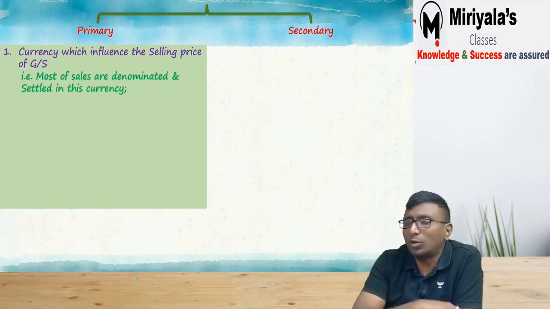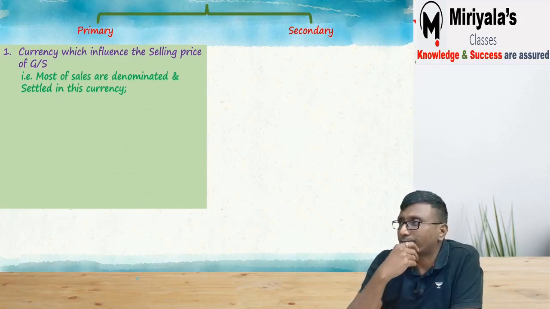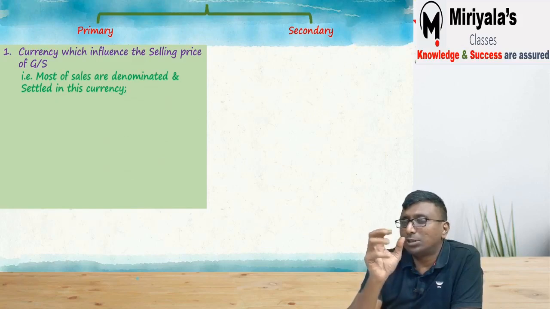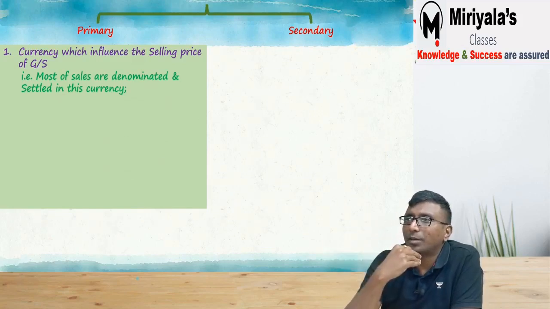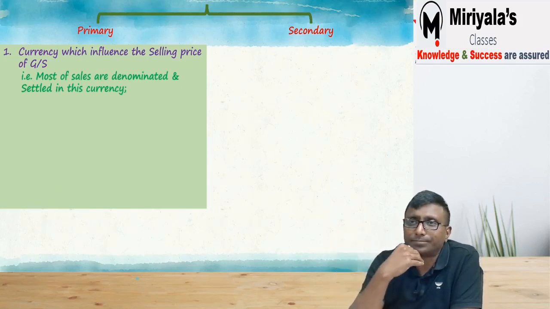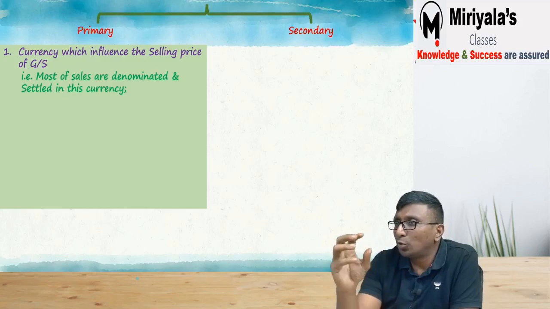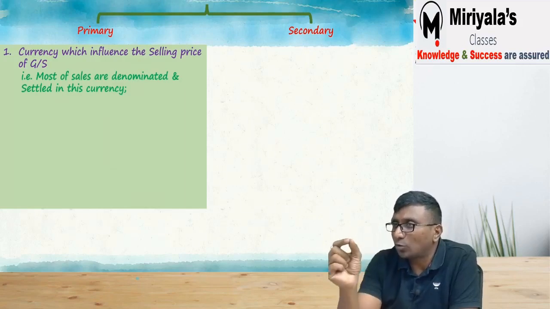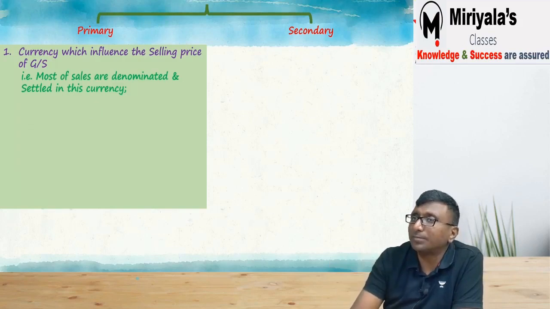The second mark is given for what? Listen, just normal sense. When your sales are majorly outside India, say in the US, and I want to sell one mobile in the US, how do I fix the selling price?